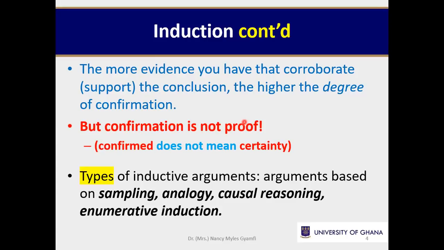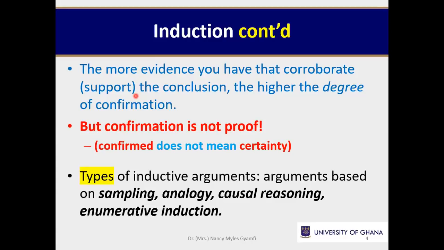Now, we are saying that if you keep getting more instances of men that broke your heart, it only increases the degree of confirmation. You are adding to the likelihood that your claim that all men are heartbreakers is true. You are just increasing the chances that this claim might be true.